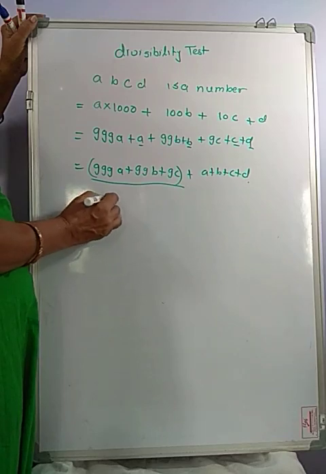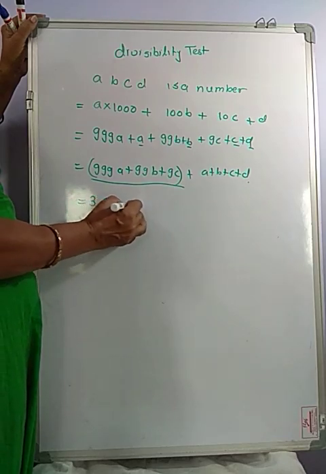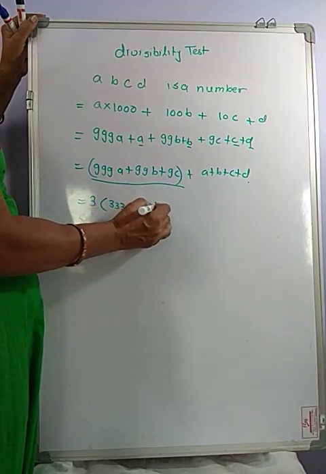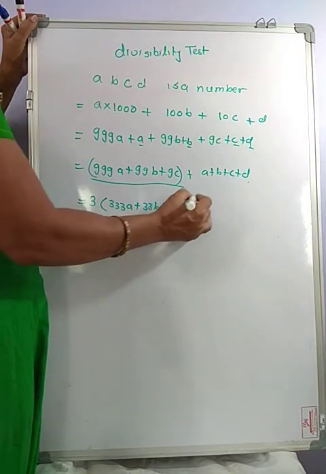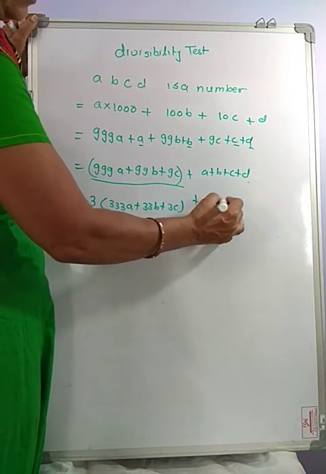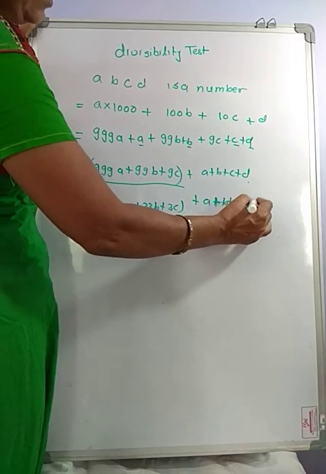That is equal to 3 into (333A plus 33B plus 3C) plus A plus B plus C plus D.